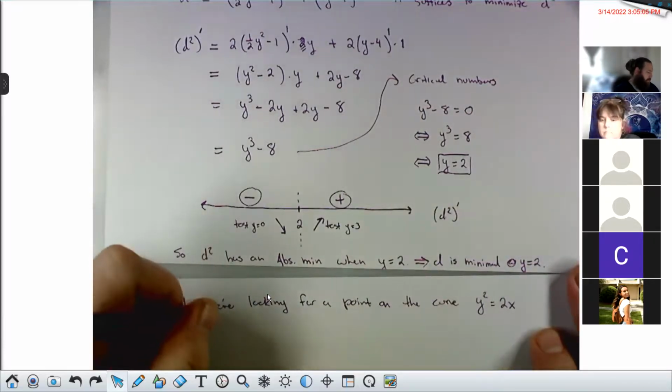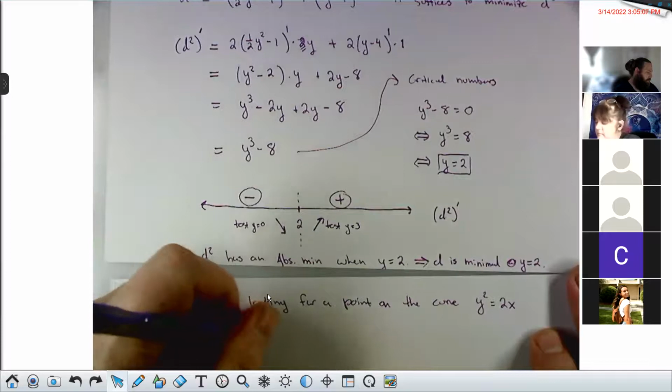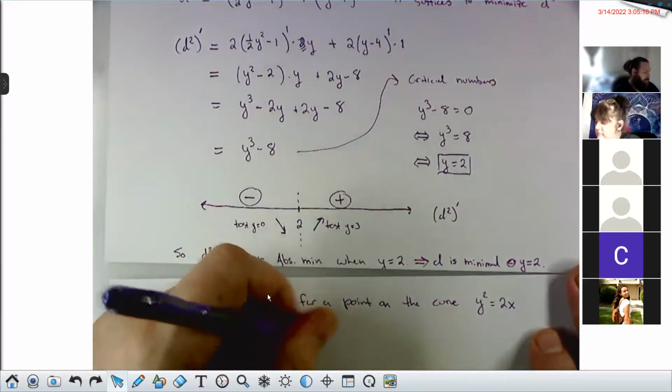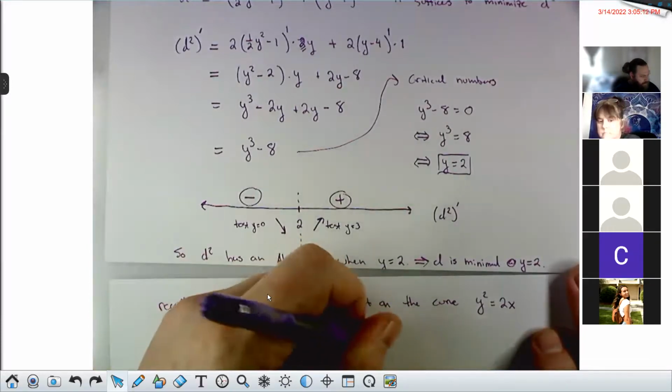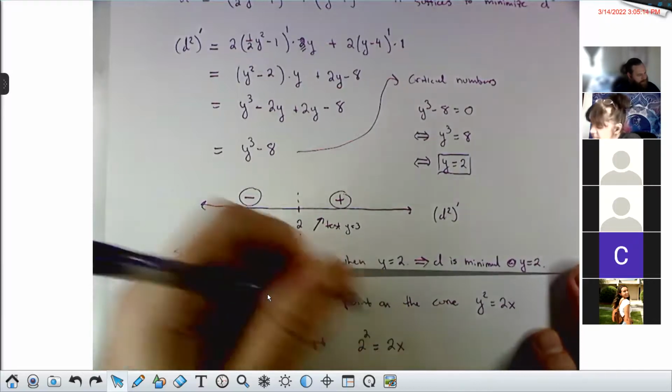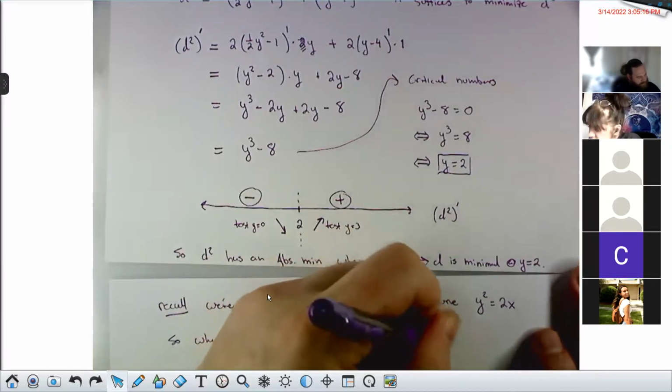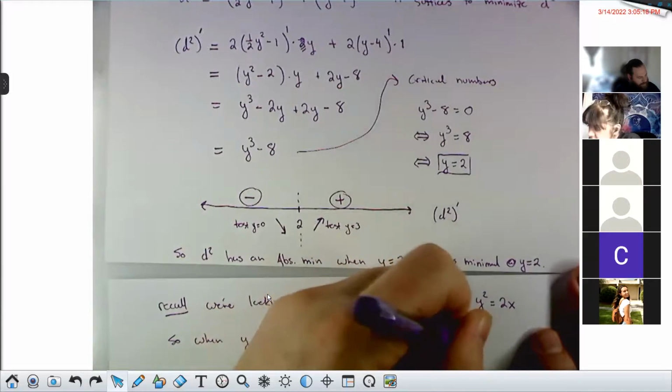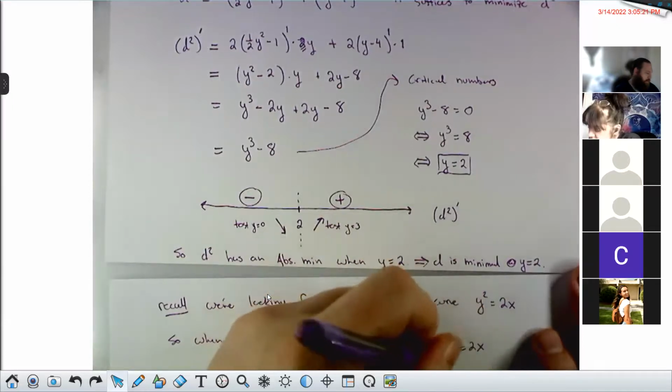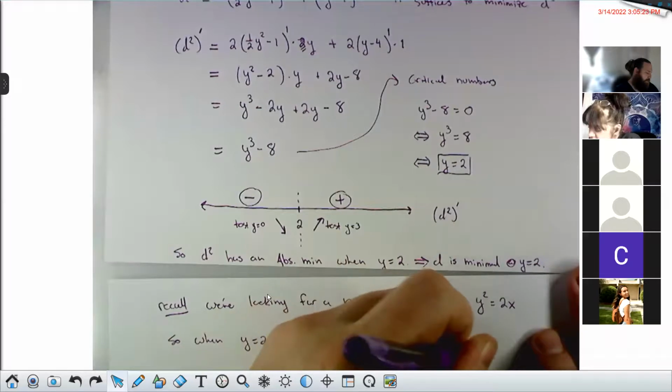So when y is equal to 2, we get 2 squared equals 2x, which means 4 equals 2x, which means x is also 2.